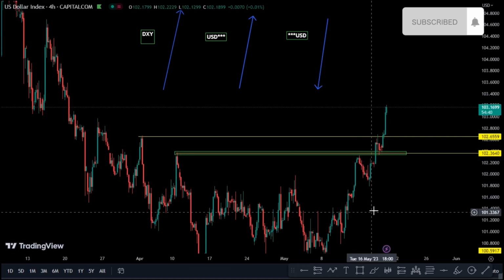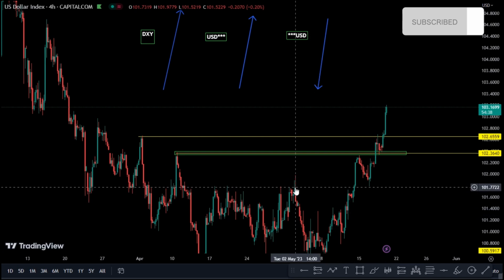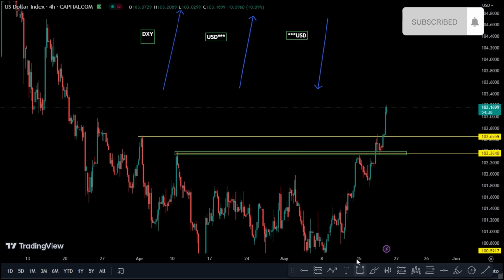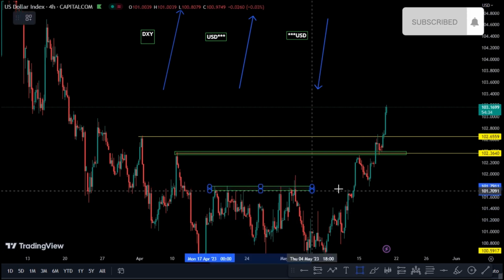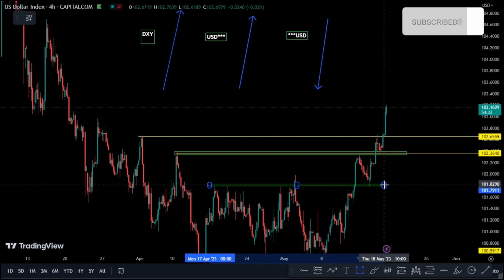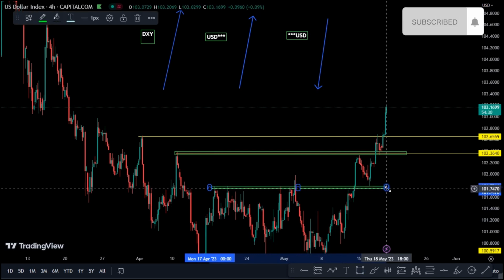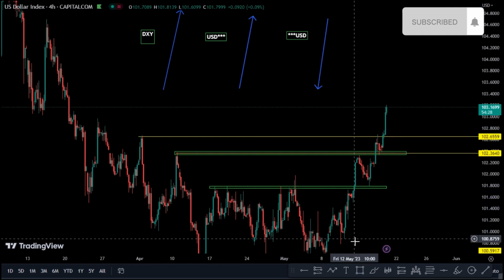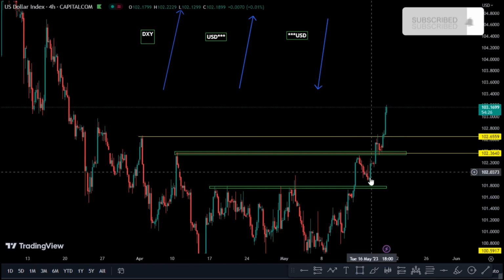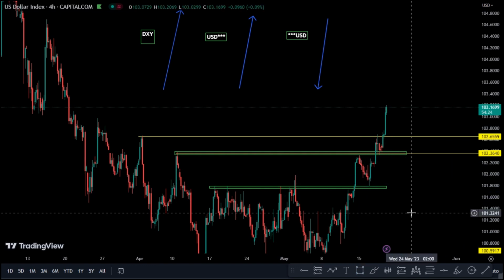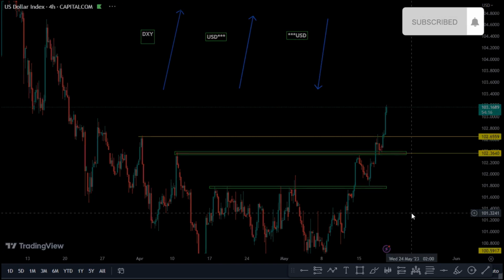It wasn't as significant as we anticipated, but we came all the way to this structure here. As you can see, this is the structure that we respected before pushing up. Even though this move was small here, we managed to cop like 40 pips on each pair, which was USD CHF and Euro USD.